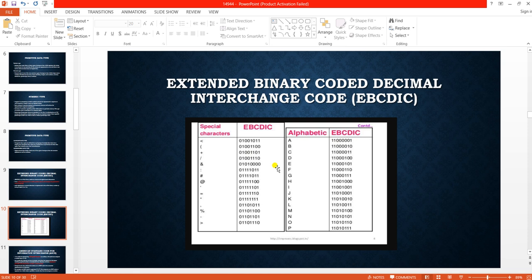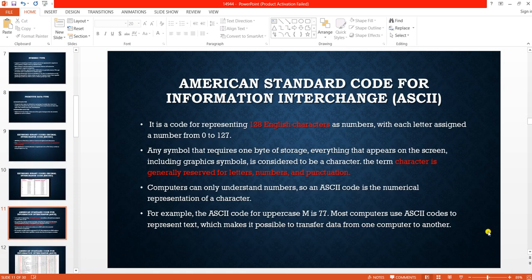But first, let's look at ASCII, the American Standard Code for Information Interchange. This is 128 English characters, with each letter assigned a number from 0 to 127.